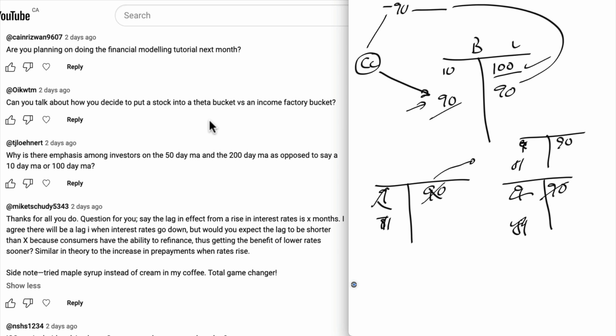So if we think about a month, it's usually about 21 days. The 50-day is not more than 2 months, but not quite 3. I don't know. Trying to find logical ways of putting this.